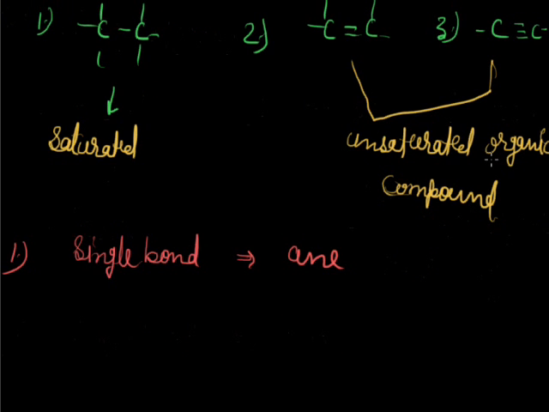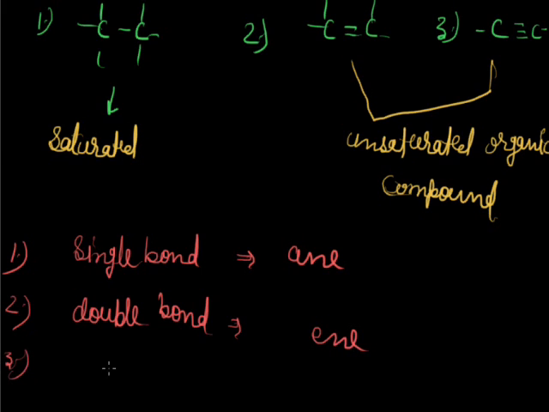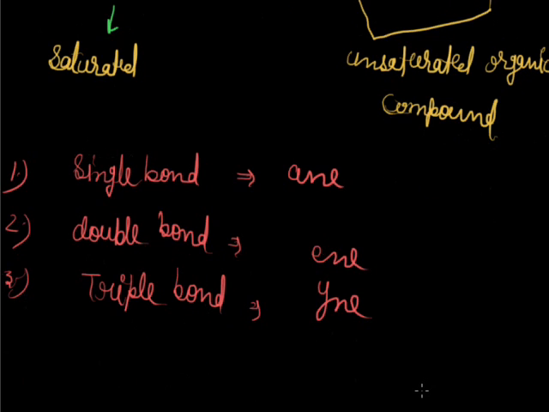But if a double bond is present with single bond, then we have to use ene. And when a triple bond is present, then we will use yne. So for single bond, the primary suffix is ane, for double bond the primary suffix is ene, and for triple bond, the primary suffix is yne.